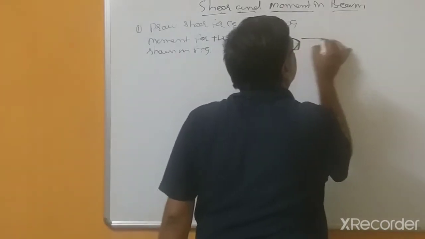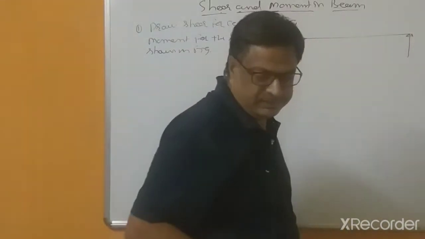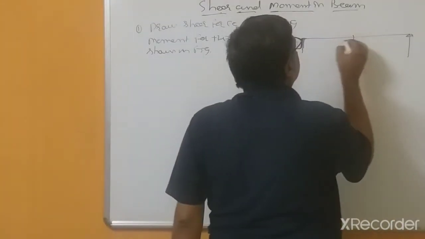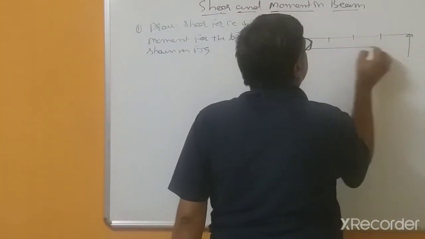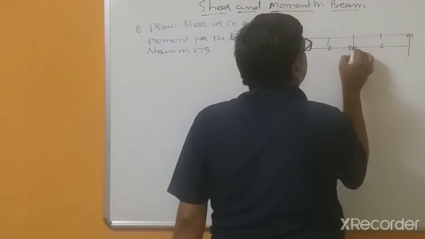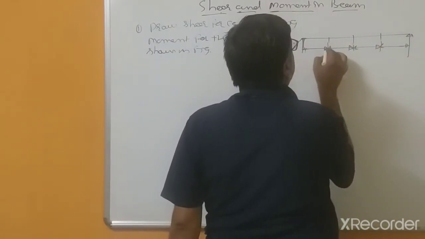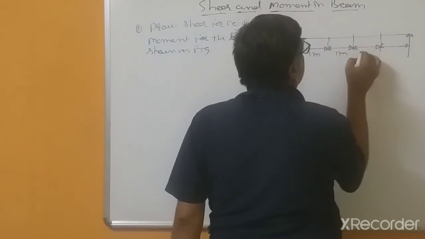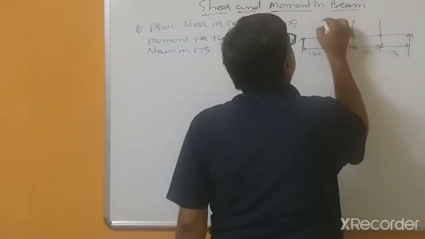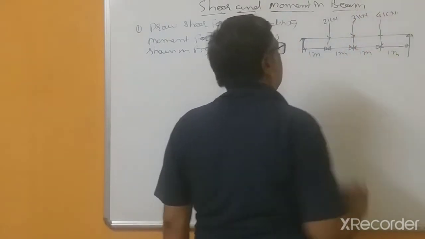Suppose this is a simply supported beam, one meter, this is 2, 3 kilonewton, and this is 4 kilonewton.